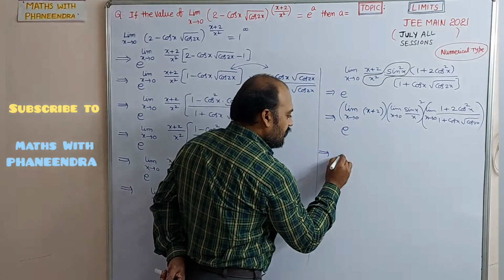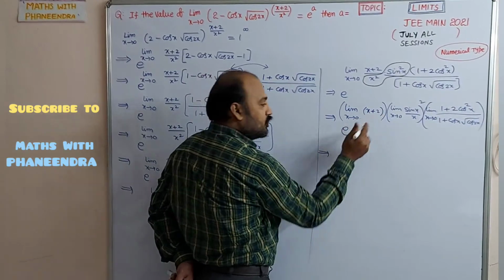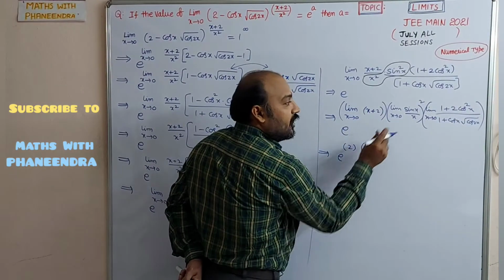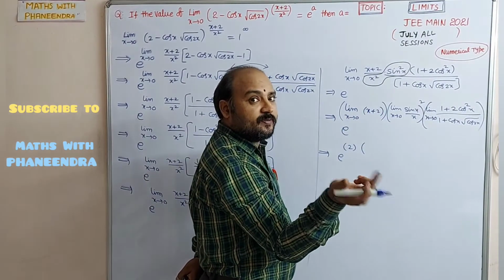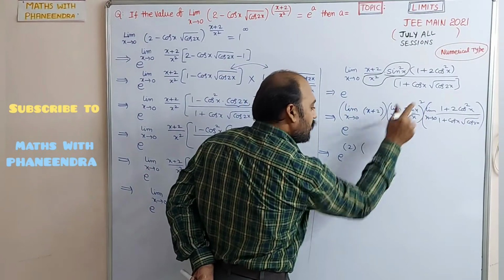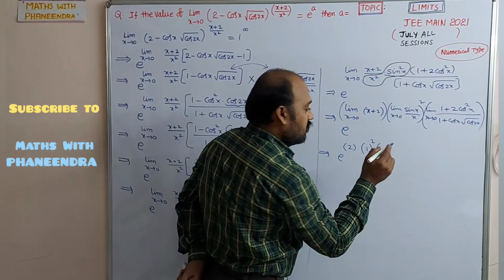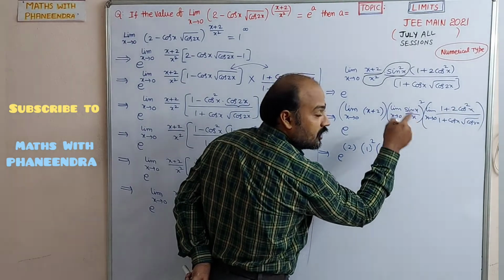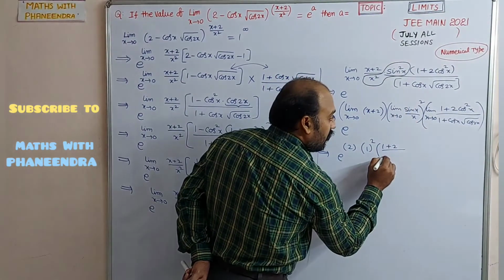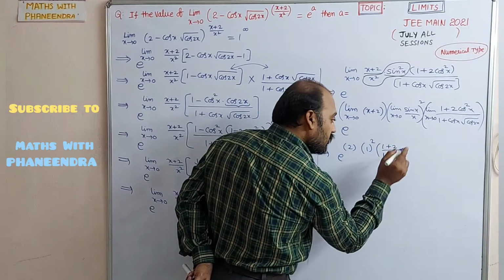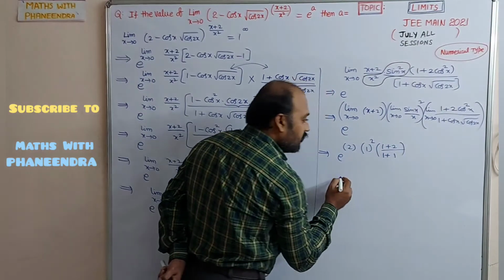That implies e power, x equal to 0, substituting this value gives 2. In the form of limit x tends to 0, sin x by x is a standard limit, it is equal to 1, 1 square is 1. X is equal to 0, substitute cos 0 is 1. So 1 plus 2 into cos 0 value is 1, by 1 plus cos 0 which is 1 into root also 1. So 1 it will be.